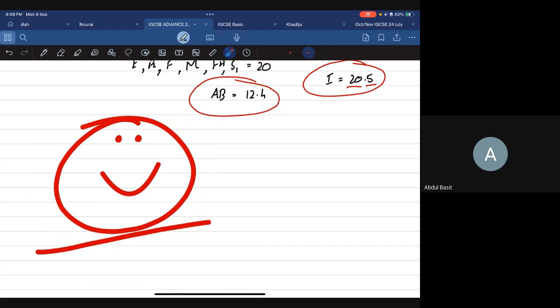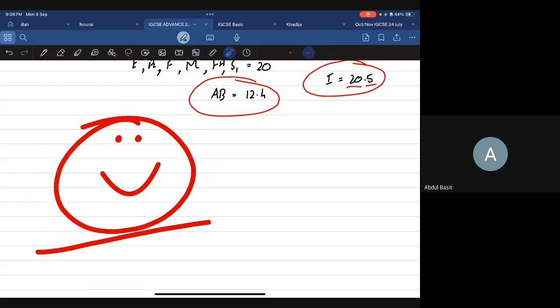You sent me a few images, so let me just try to see your test. The work wasn't very neat, and the handwriting was very untidy. But I don't care about the handwriting as long as it's correct. And Basit, you were also struggling with quadratic equations. What was that about?